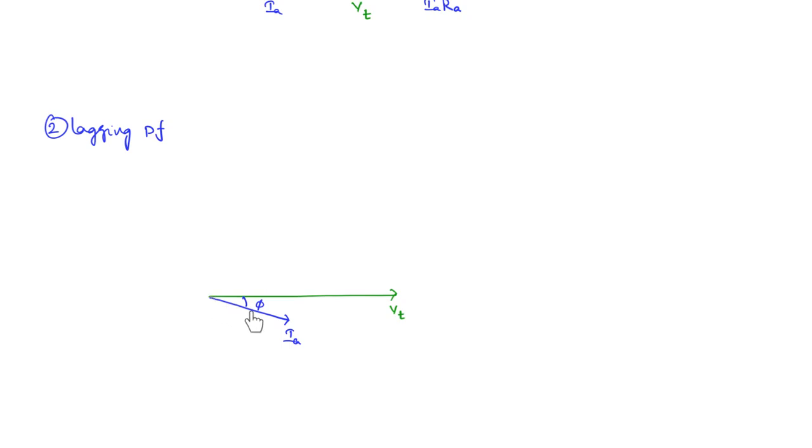IARA will be in phase with the current. Drop across the resistance will always be in phase with the current flowing through it. So the drop across resistance, you can take, these two are now parallel. Okay. So this is IARA. Now what is the drop across the reactance? Synchronous reactance, it will be 90 degrees leading with respect to the current.